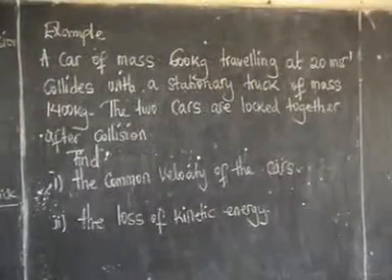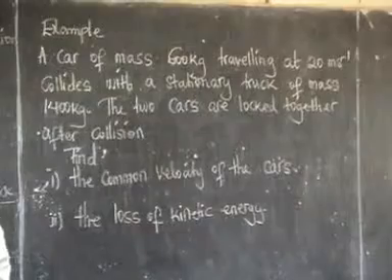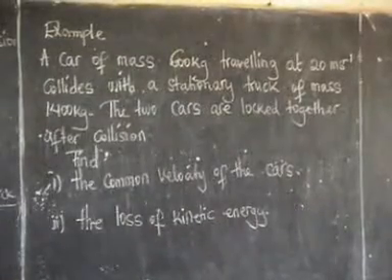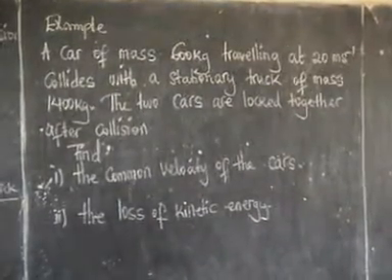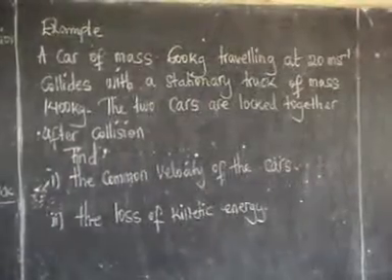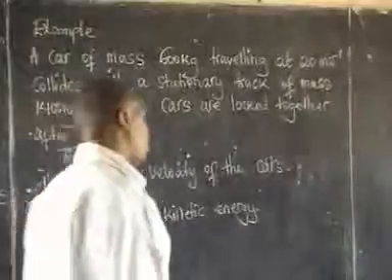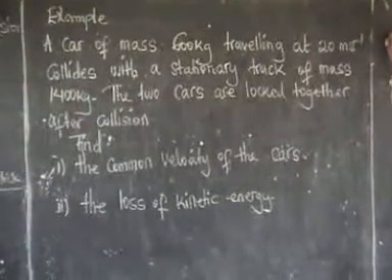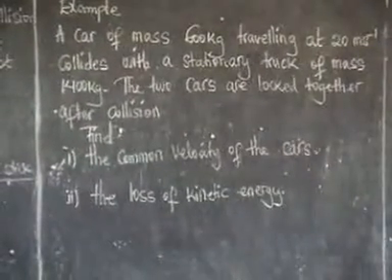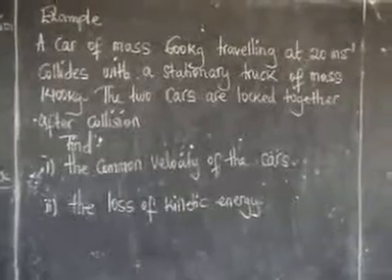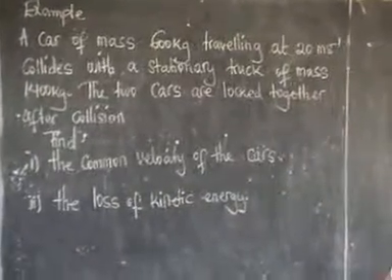Find one, the common velocity of the vehicles, and two, the loss of kinetic energy. In this case, when they say they are locked together, you know that the collision was perfectly inelastic.